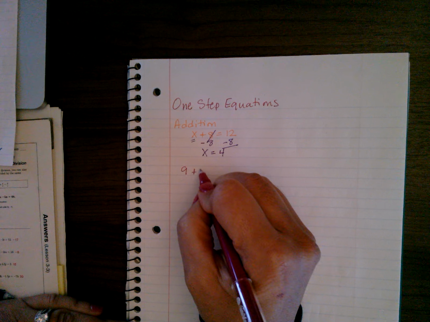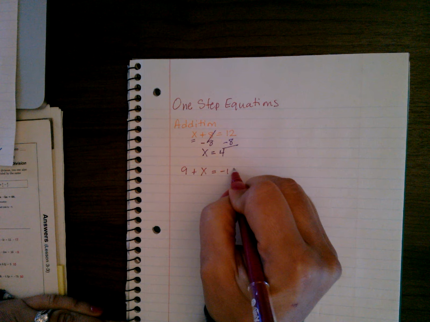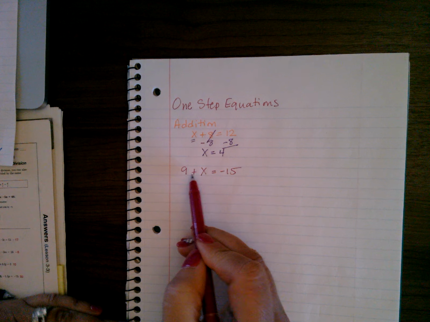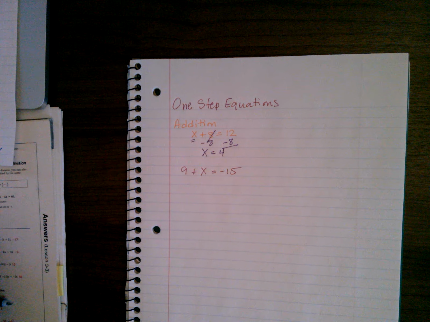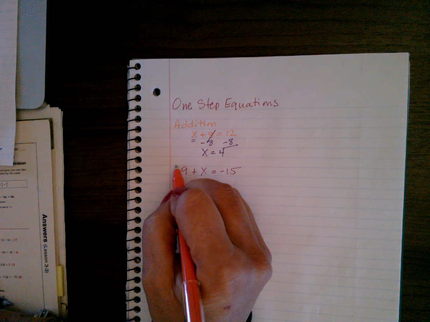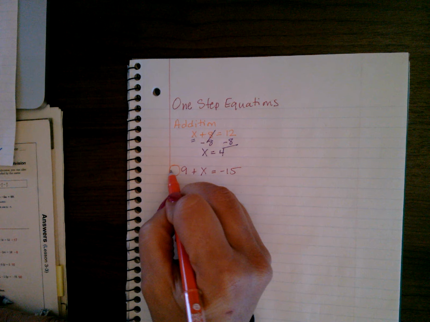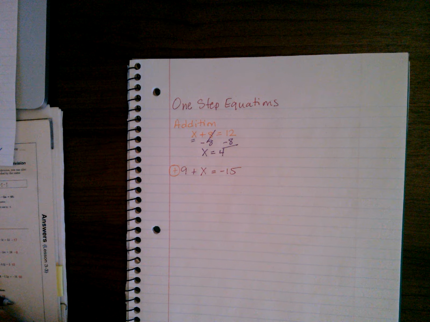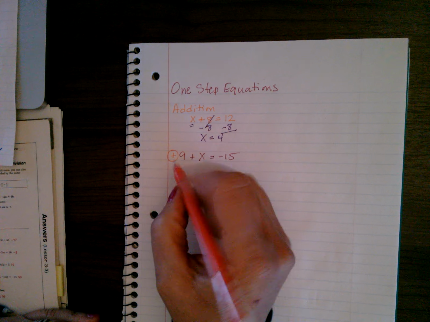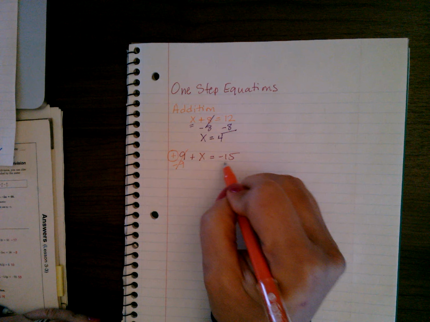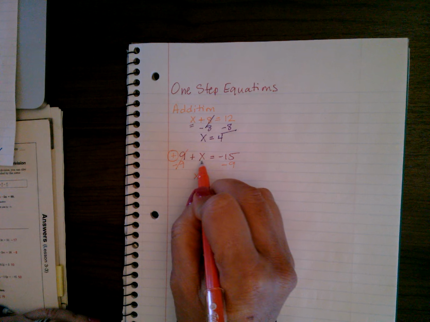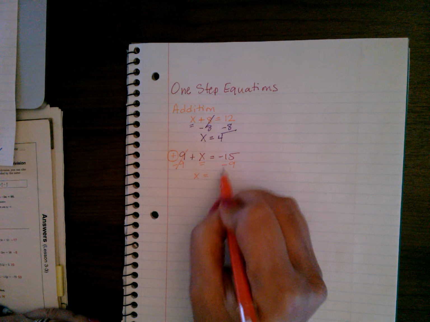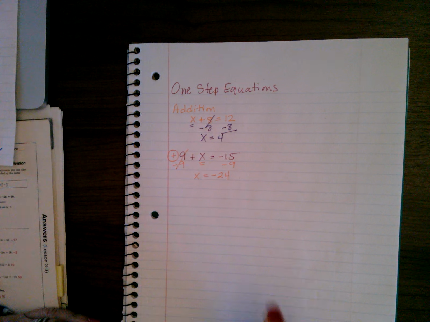Even if it is written in a different order, if I gave you 9 plus x equals negative 15, because there is not an operation sign there, we know it is a positive 9. Therefore, I would subtract 9 from both sides to isolate the variable, and I end at negative 24.